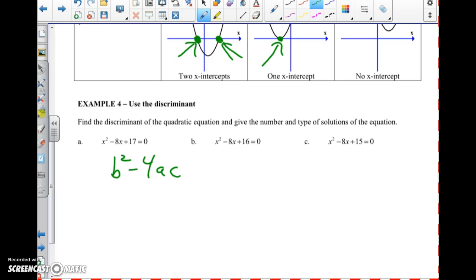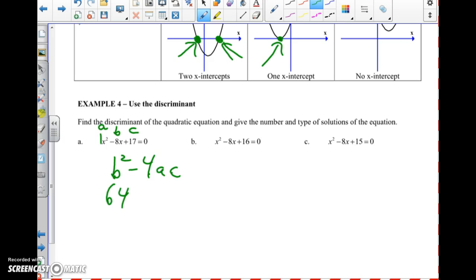Now tell me this. Here's a 1 in front of this. How much is the a? 1. How much is the b? Negative 8. How much is the c? 17. So tell me this. How much is b squared going to be? 64. Good. How much is negative 4 times a, 1, times c, 17?